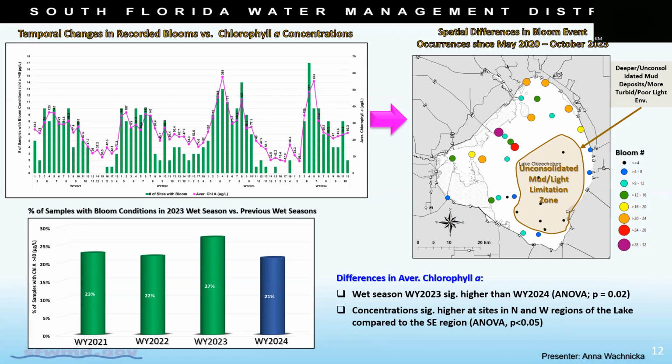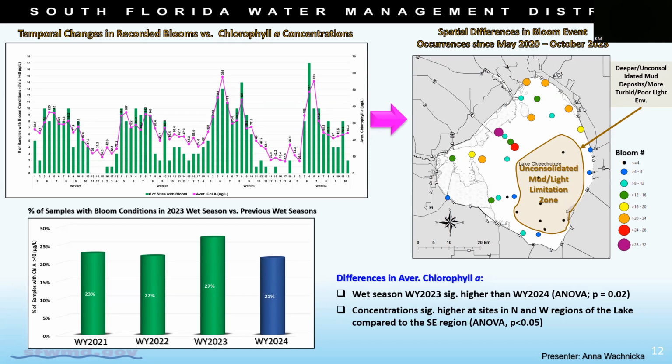That part of the lake has more blooms simply because this is where water enters the lake from the canals. All the water comes from the northern part of the system via Indian Prairie canal, Taylor Creek, Nubbin Slough, and the gigantic C-38 canal, formerly known as the Kissimmee River.